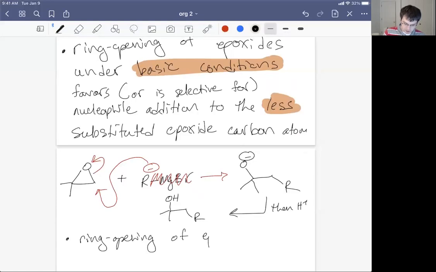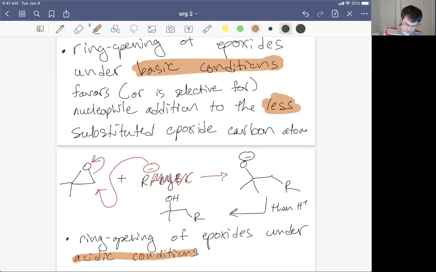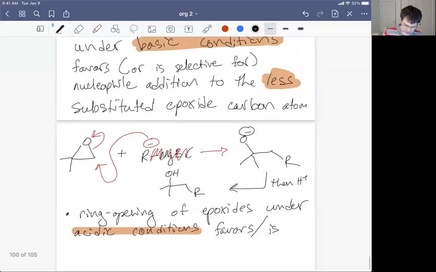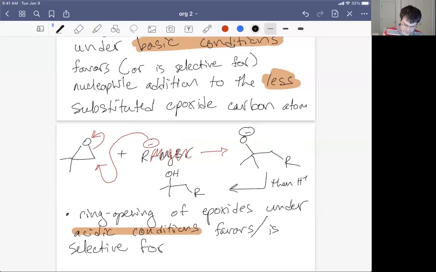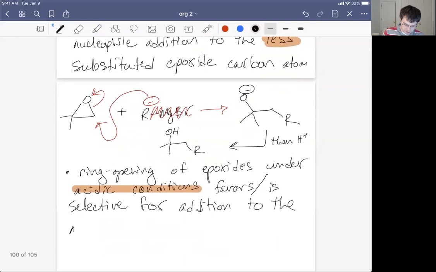Ring opening of epoxides under acidic conditions favors, or is selective for, addition to the more substituted epoxide.